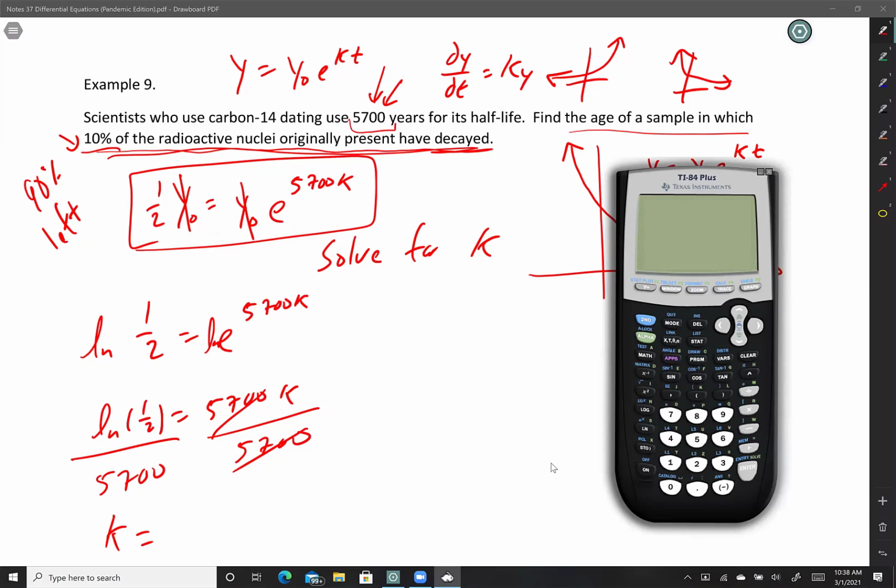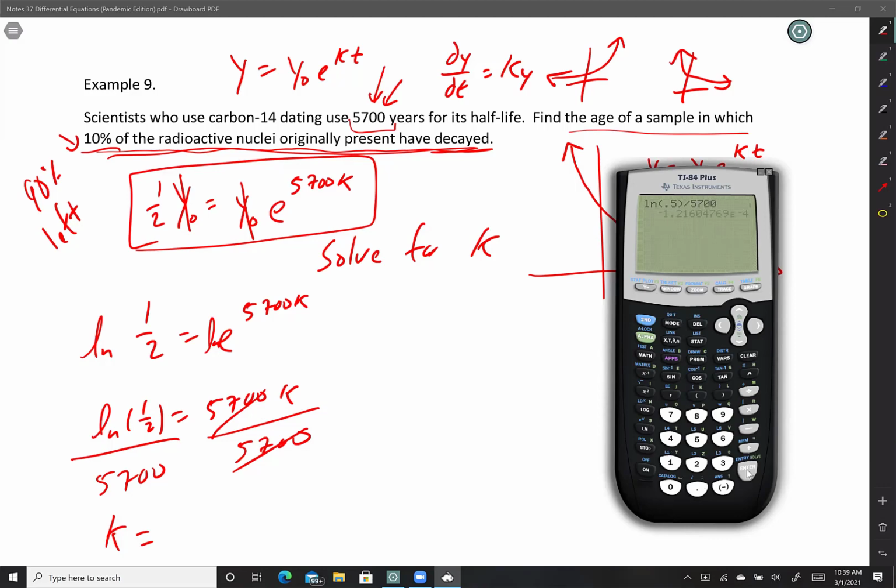Does that make sense? And the k value is the rate. It's going to tell me how fast I'm either decaying or growing. It's going to be negative, obviously, because I'm decaying. So check it out. I'm going to type ln, put 0.5, and divide that by 5,700.